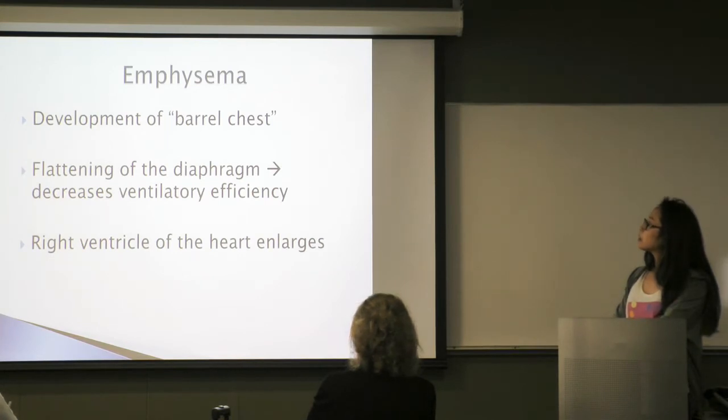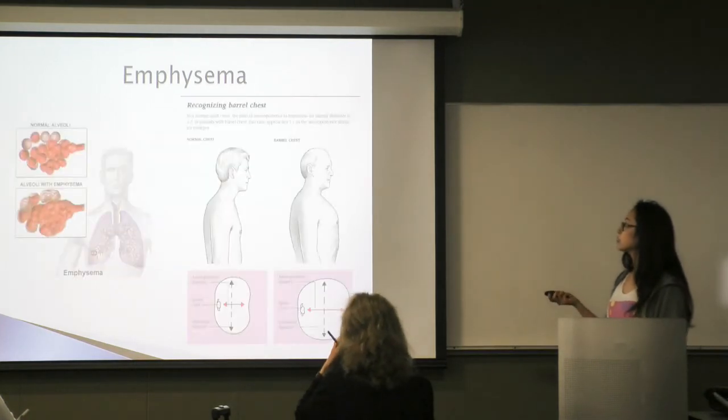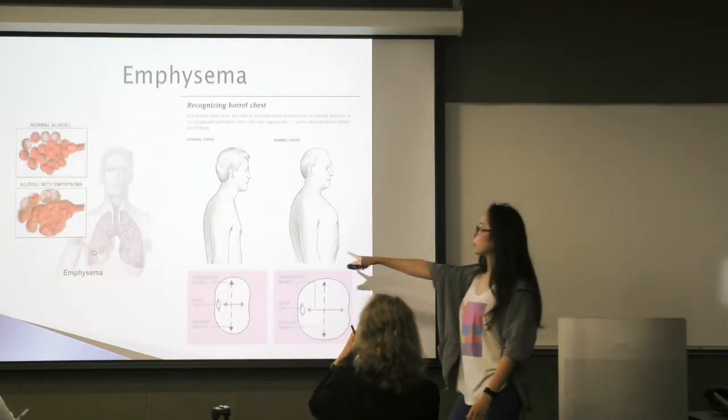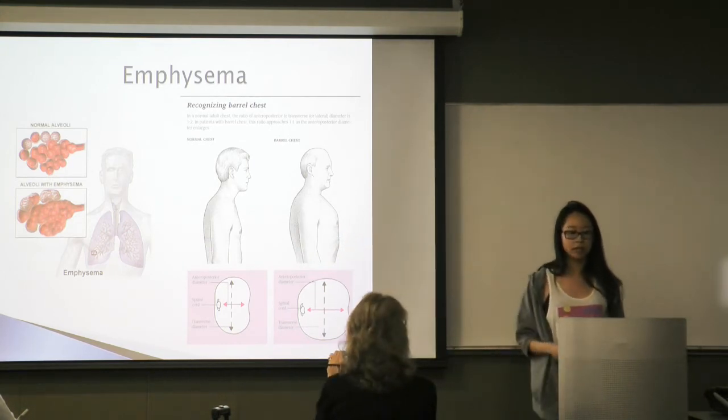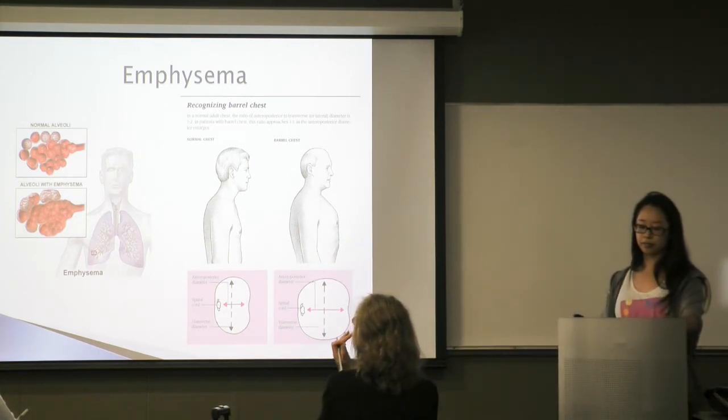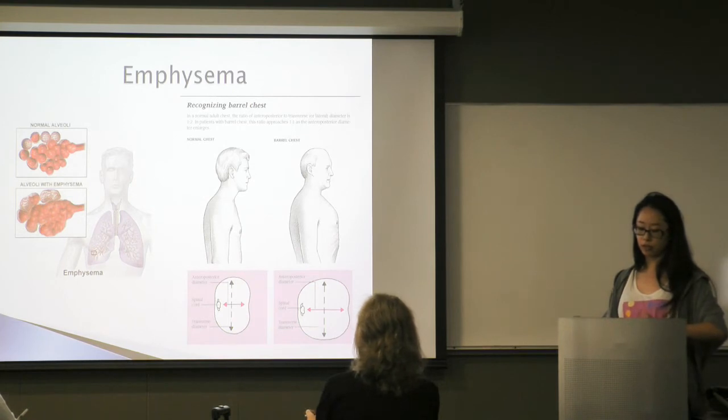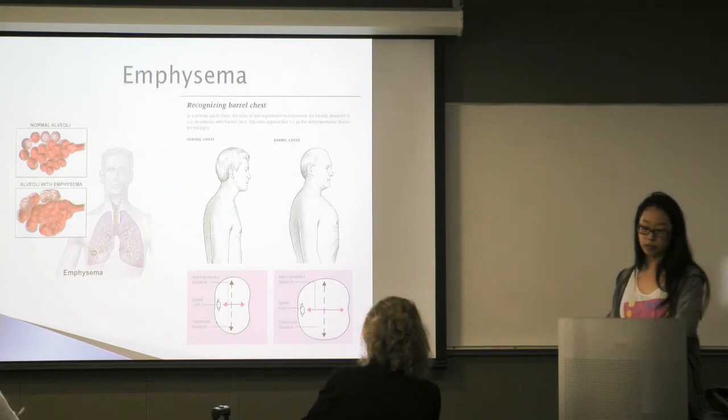And with emphysema, we'll see a barrel chest. And I'll go to this picture here. This is a person with a normal chest, this person with a barrel chest. And you might already have seen this if you have worked with patients who have COPD. So they have overdeveloped chest muscles because they can't breathe normally.